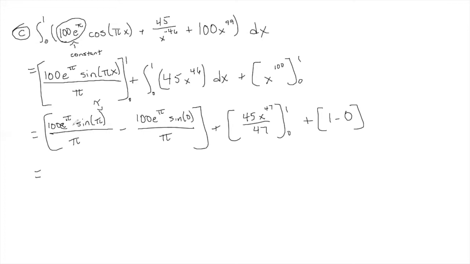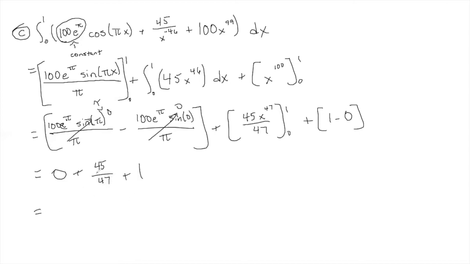Sine of pi is 0, so this whole thing goes to 0. Sine of 0 is 0, so this whole term is just 0 minus 0. And here I get 45 over 47 times 1 minus 45 over 47 times 0, so that's just 45 over 47 plus 1.